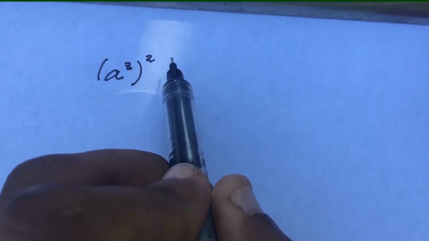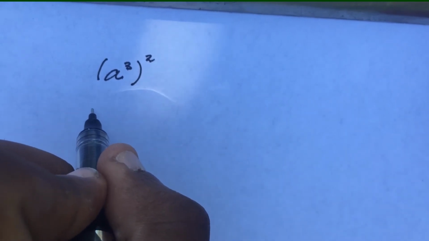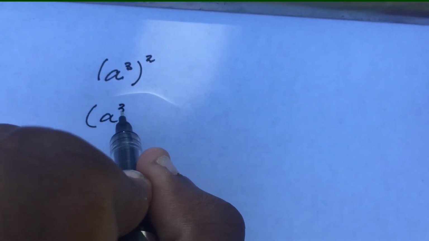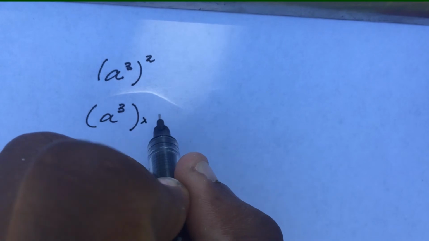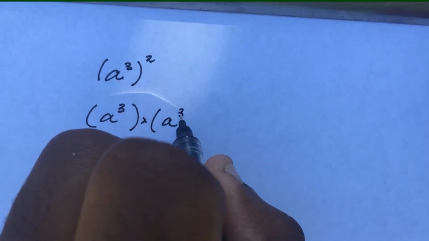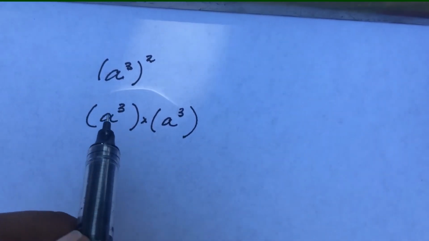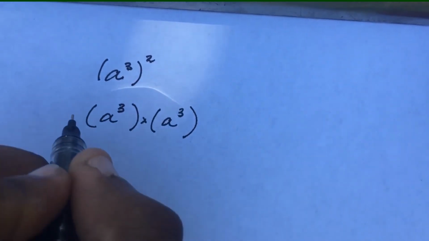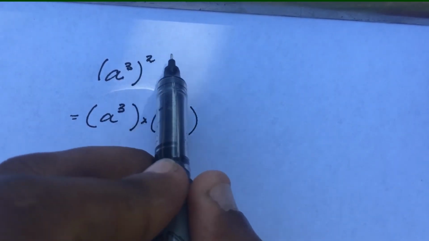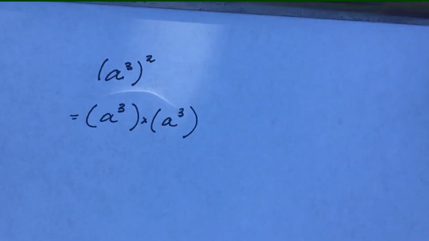So a to the third to the second power is the same thing as a to the third times a to the third. How many times do I have a to the third? 2 times. That is what this 2 indicates to us.